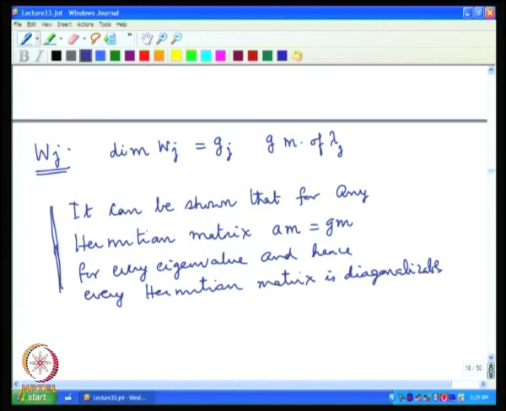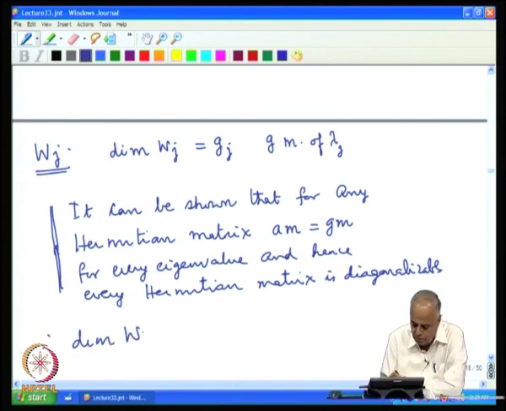So, what does this amount to? Therefore, this says the dimension of Wj, which is Gj, must be equal to Aj, the algebraic multiplicity.